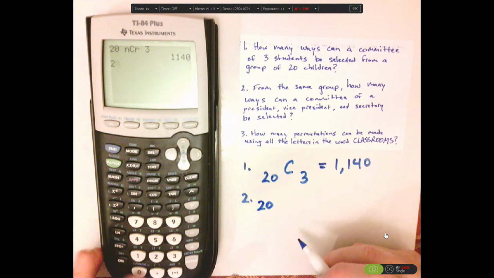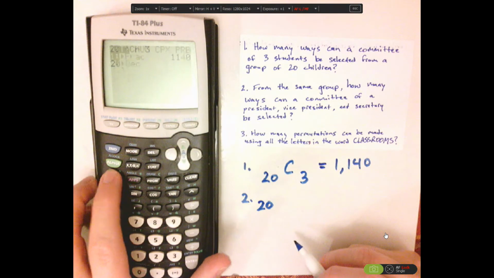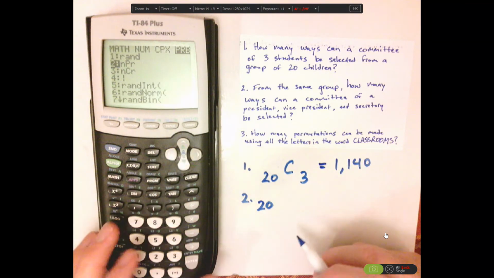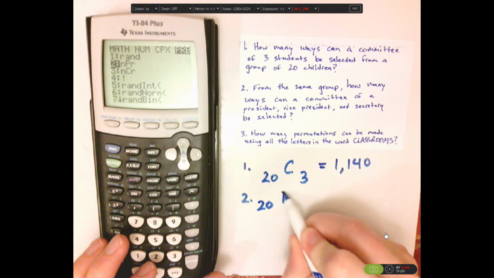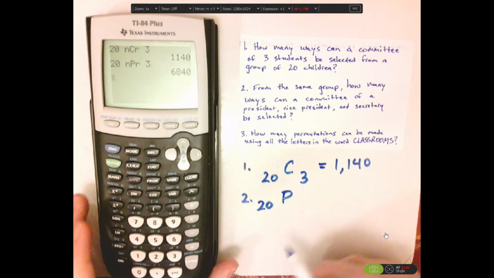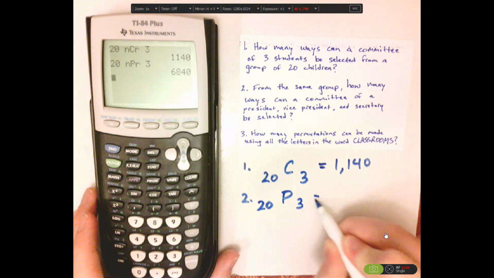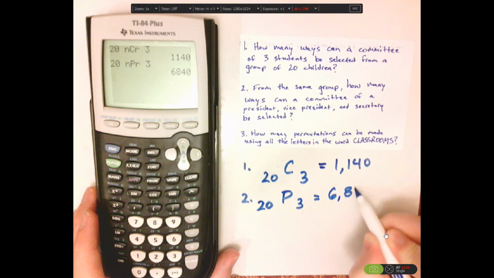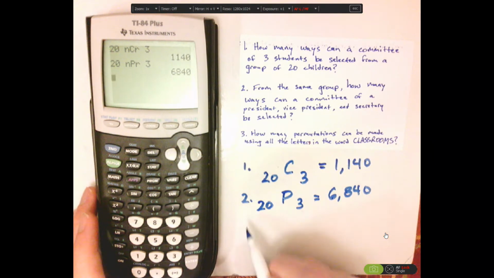So type in 20, go to math, probability. This time we're going to use permutations, and then we're choosing 3. And so that's 6,840.